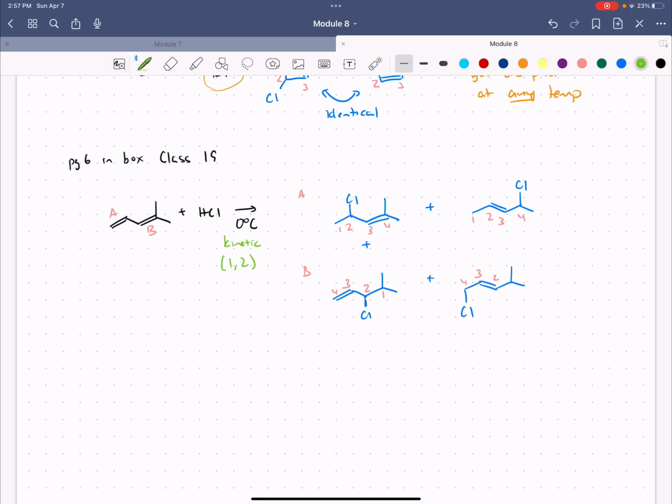Now, if you recall, and you should recall, the carbocation is where the chlorine went. So I'm not going to draw the carbocations. I'm going to know that, oh, this used to be a plus charge, right? Don't do that. But I'm just showing you that used to be a plus charge.